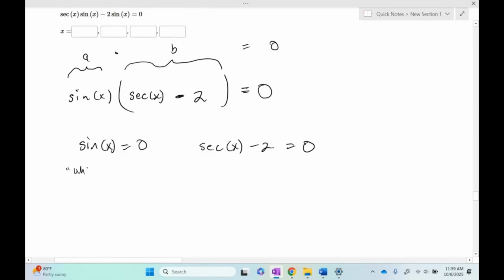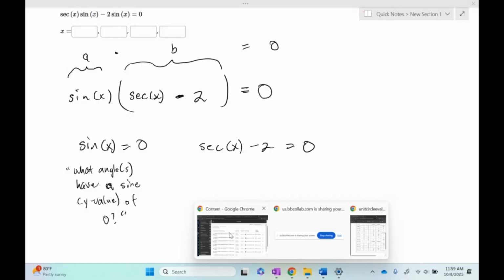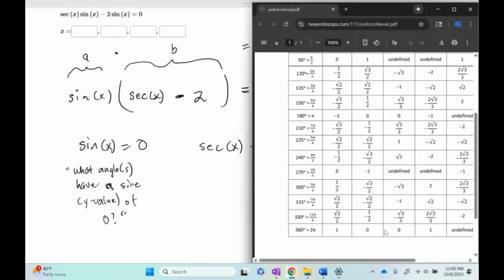So this is what angle or angles have a sine, and again, that's the y value, of 0. Okay. So in order to find those angles.